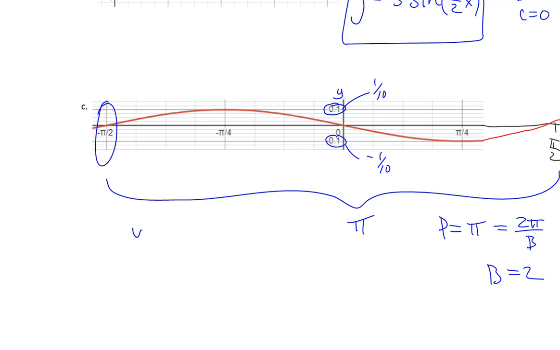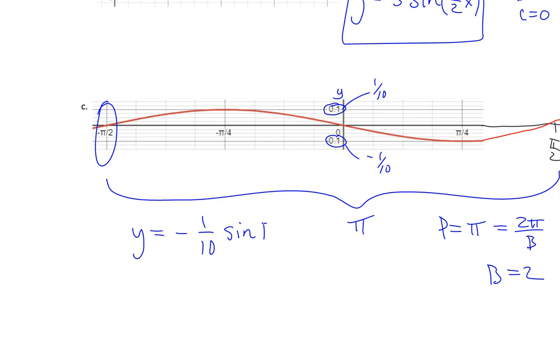So I would say probably y equals negative 1/10, because that's the scale we're looking at here with the amplitude change. And then since b is 2, we could say this is probably sine of, remember it's b times x, but let's be careful here.